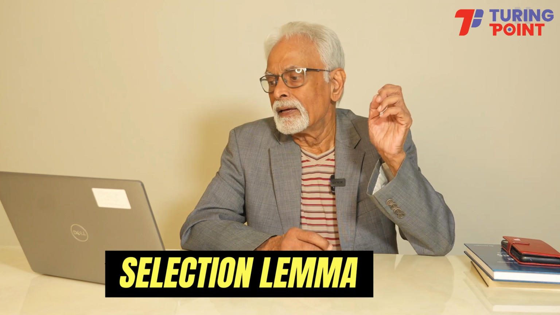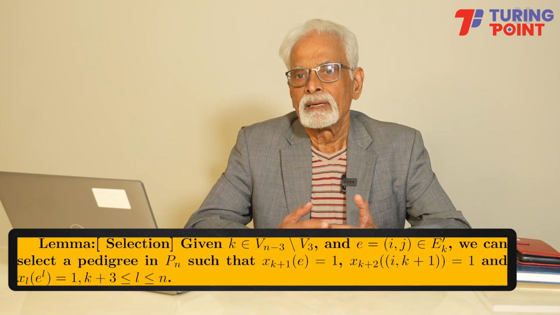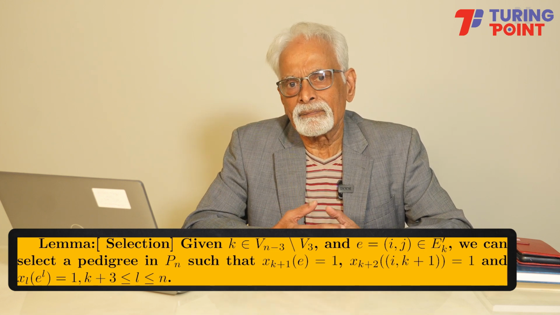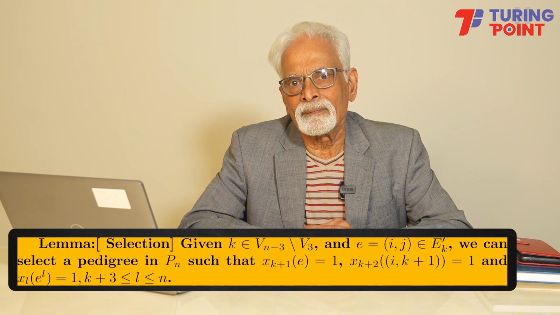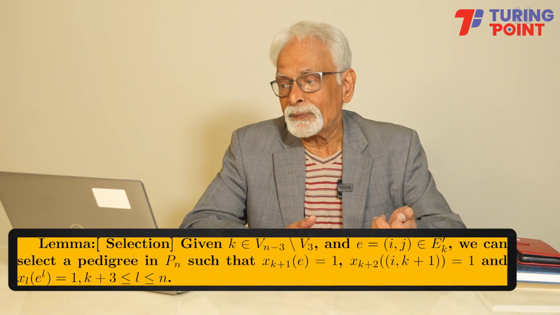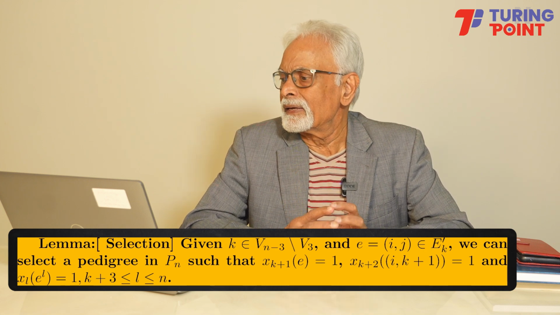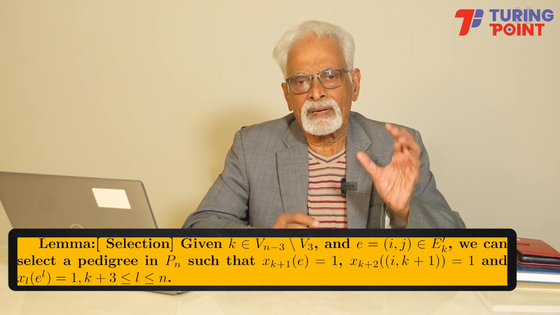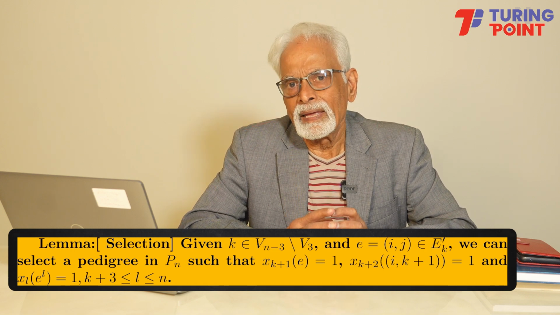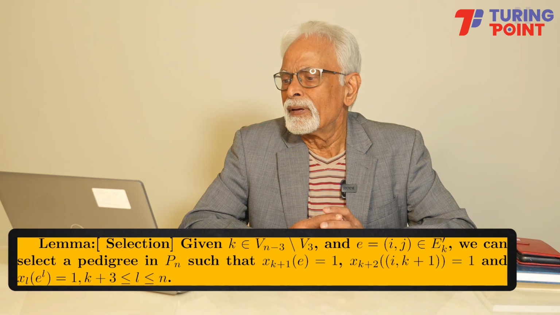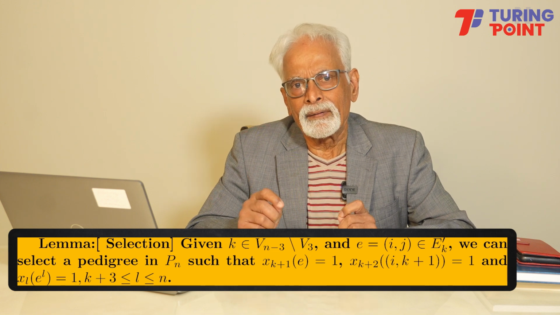Given any k belonging to V suffix n minus 3, that means any of those vertices other than the first 1, 2 and 3, the vertices which we have in the 3-tour. So given any edge ij, e_ij, that means e which has i and j as the vertices, belonging to E_k prime, here E_k prime means excepting the last edge.